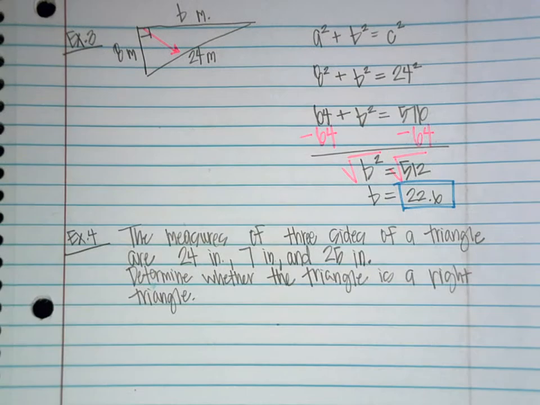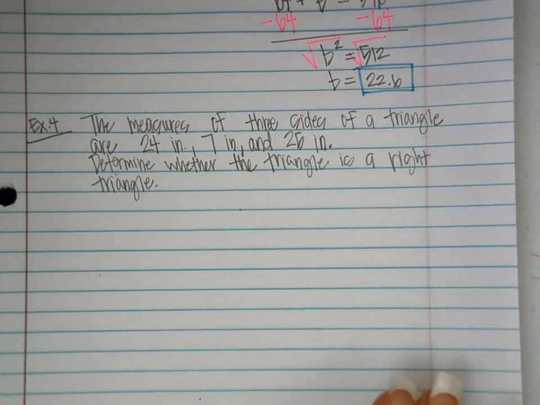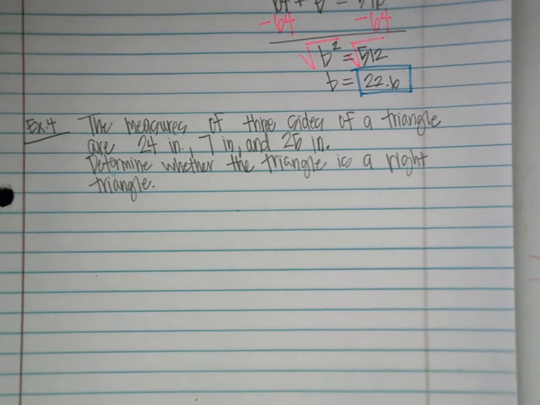I want you to tell me, if I give you a triangle that has these 3 measurements for the sides, is it a right triangle? I'm going to show you how right now.